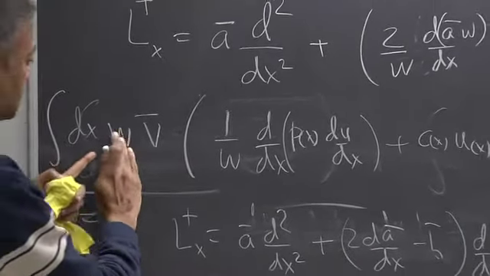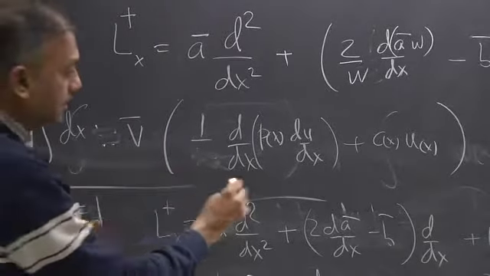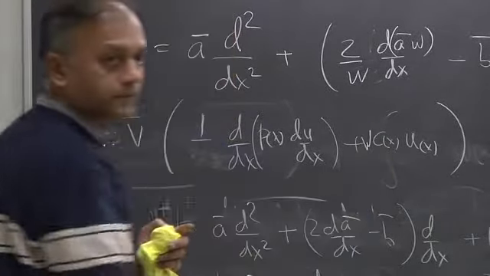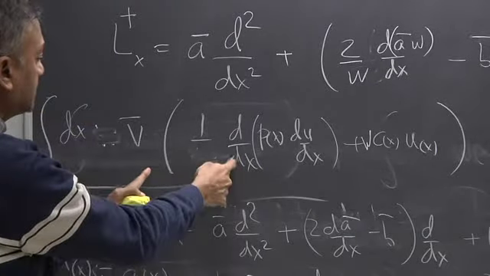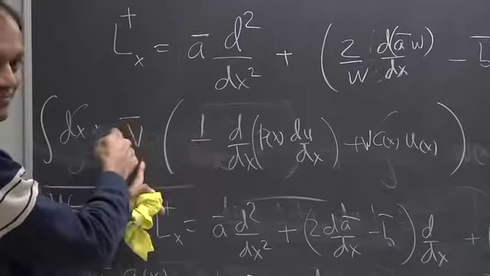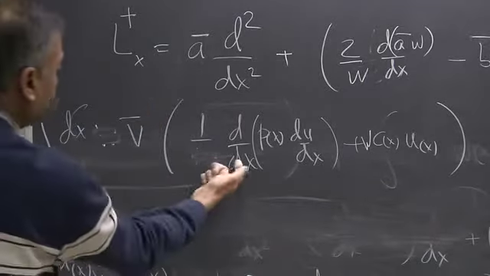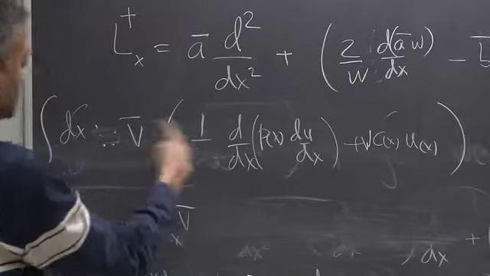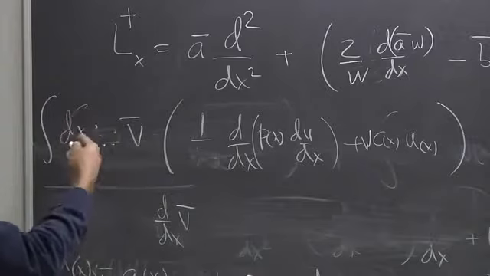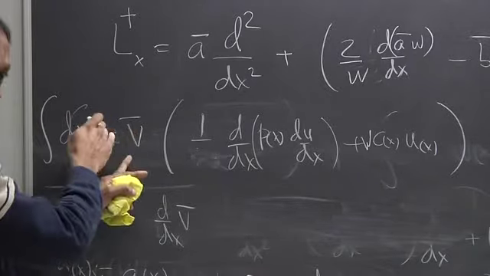When you multiply w inside, the 1 over w goes out, and there you get a w. Now you do two partial integrations, and you get again the same form. The first partial integration gives me d by dx acting on v bar, with a minus sign. I'm not worrying about the boundary terms, just looking at what you get here.